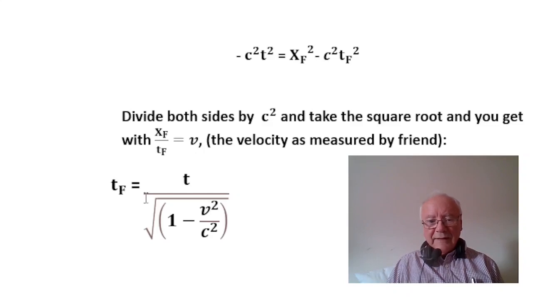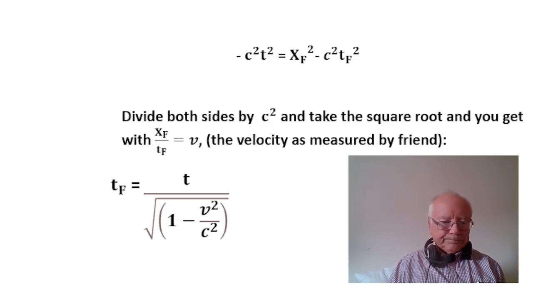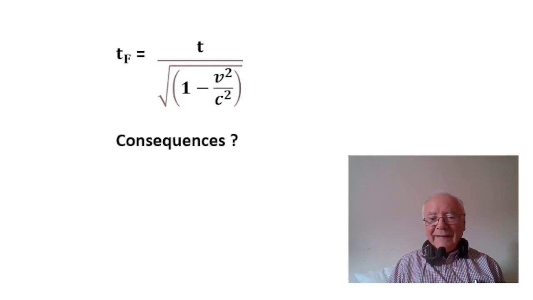And if you do that, take the square root, you get this formula. Tf is equal to t divided by the square root of this horrible thing, 1 minus v squared over c squared. So here's the formula. Tf equals t over that square root.